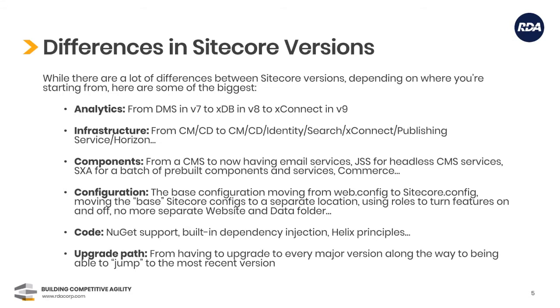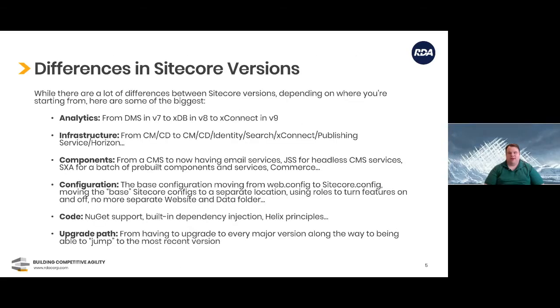You can add on the publishing service, which enhances Sitecore's native publishing and makes it a lot faster. Very good if you're doing a lot of geolocated content delivery servers. In 9.3, they introduced Horizon, which is the new version of the experience editor. That is a separate app service, and it requires identity server to be in place.